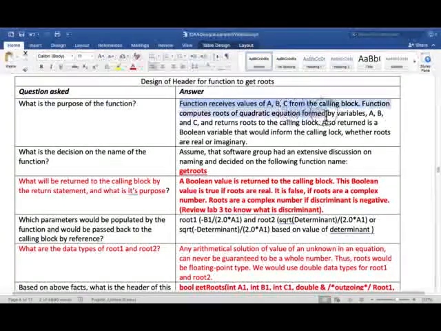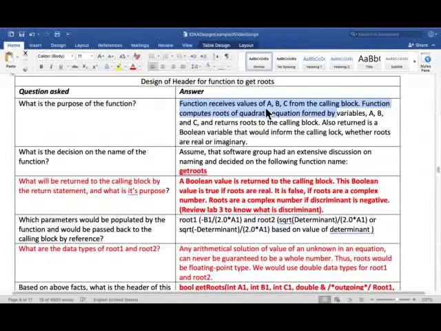values a, b, and c from the calling block, and the calling block makes sure that a is not 0. That's the job of the calling block. When a is not 0, it will be a quadratic equation. Every quadratic equation is going to have 2 roots. That's why it's called quadratic.